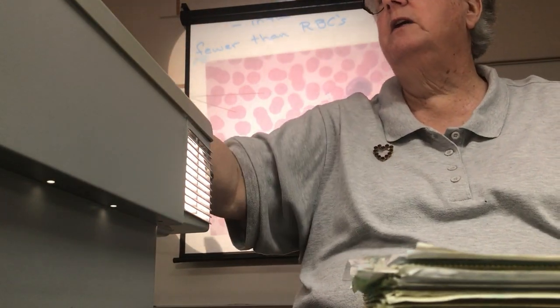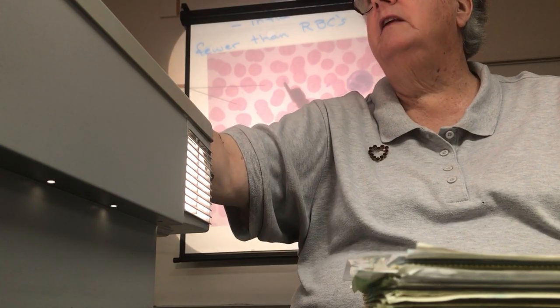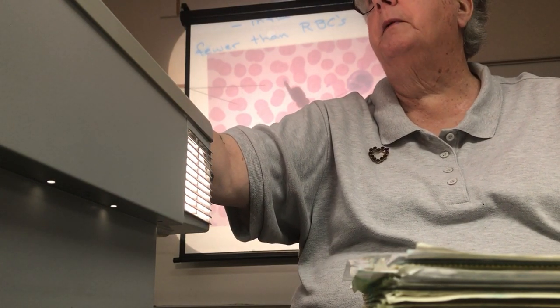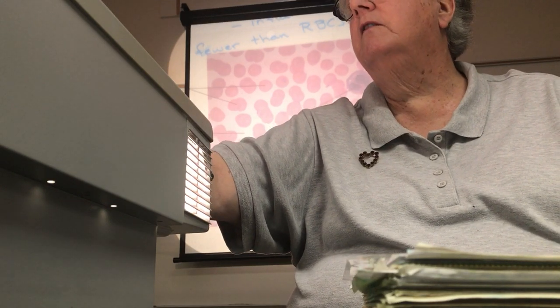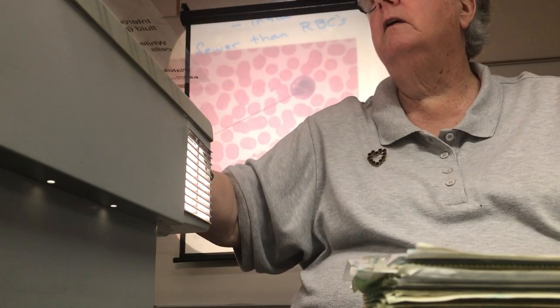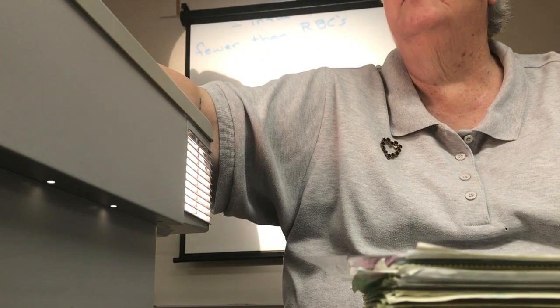The third type of cell, and it's not really a cell, also shows in this picture as these very tiny little purple dots here, and there's a bunch of them over here, right? These guys are not really cells. These are what are called platelets.